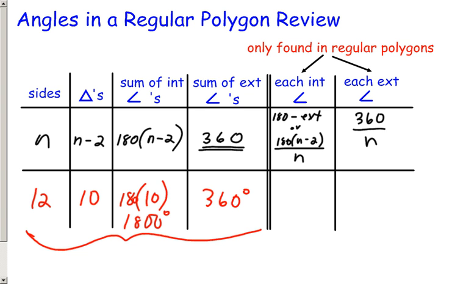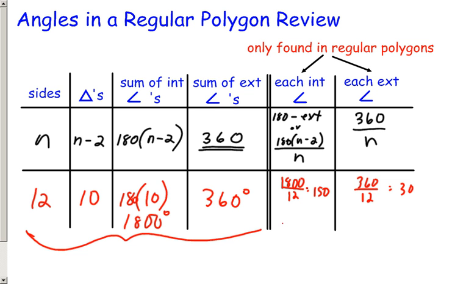Now, when you have a regular polygon, if this is a regular dodecagon, which has 12 sides, I can find each interior angle one of two ways. I could take 1800 divided by 12 and get 150. Or I could find the exterior first, 360 divided by 12, which is 30.